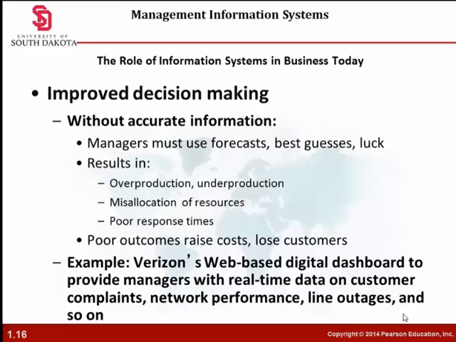Have you ever been the recipient of an exceptional service from a company made possible by improved decision making? And whether or not the information systems contributed to that level of service, do you think they played a role? So for example, maybe you had a power outage and it took a very short or very long time for the utility company to correct the error.